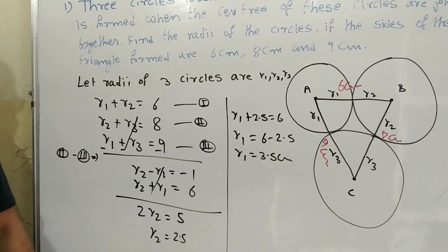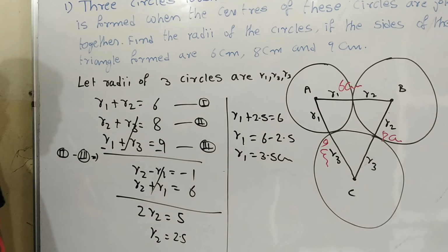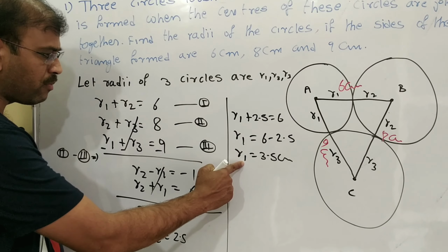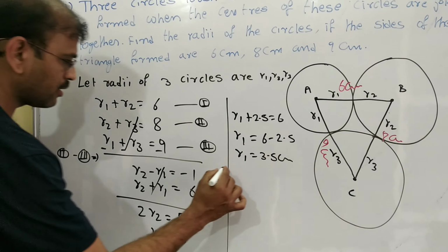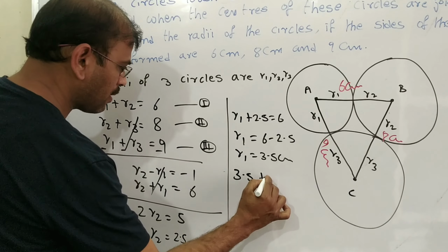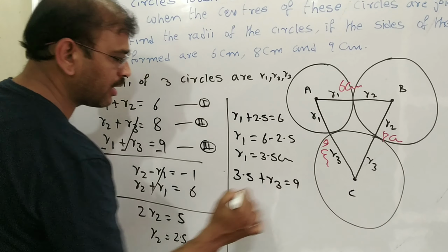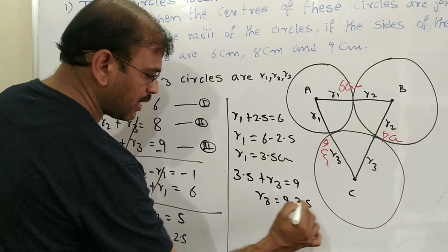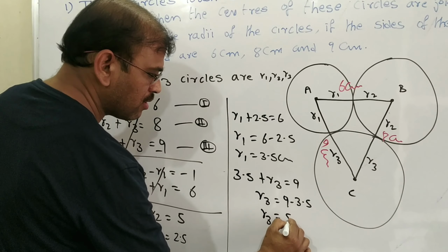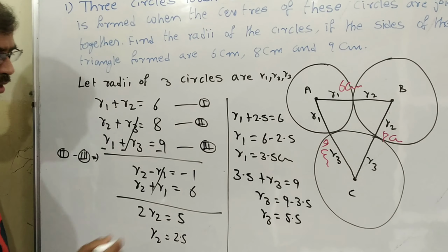Now next, this R1 value, substitute in the third equation. 3.5 plus R3 equal to 9. So R3 equal to 9 minus 3.5. So R3 equal to 5.5 centimeter.